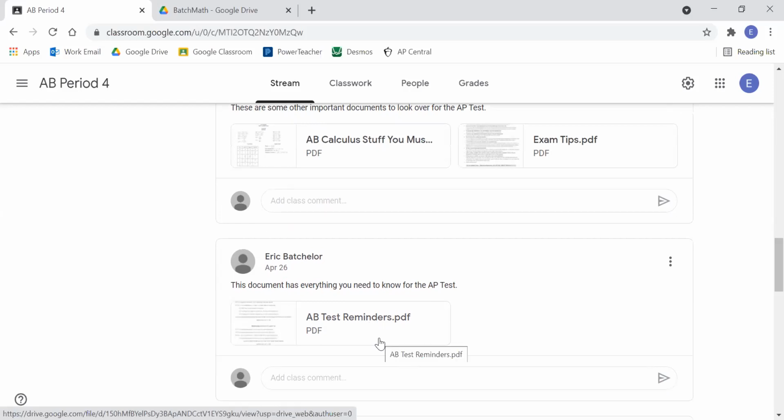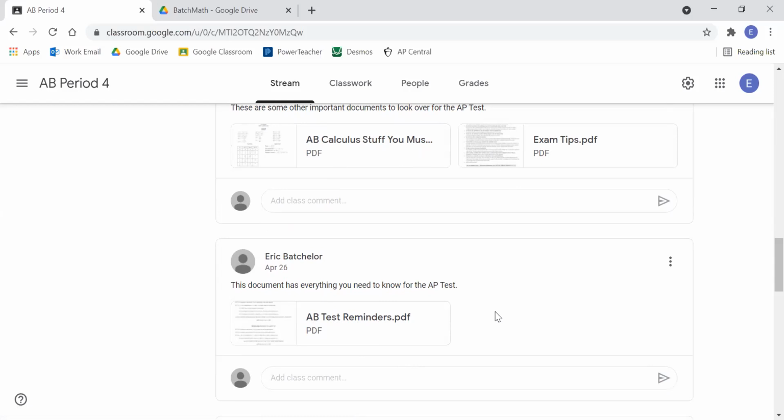This is something that I compiled. The other 2 up here are things that I got from other people that used to teach calculus before they left our school. This one, I put together myself. It's like 8, 9, 10 pages, something like that, that outlines everything you need to know for the AP test for this class. It doesn't have practice problems in it, just the information.